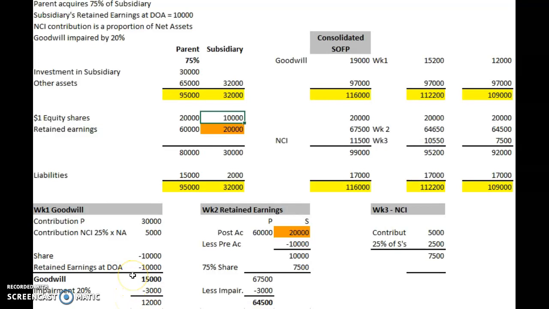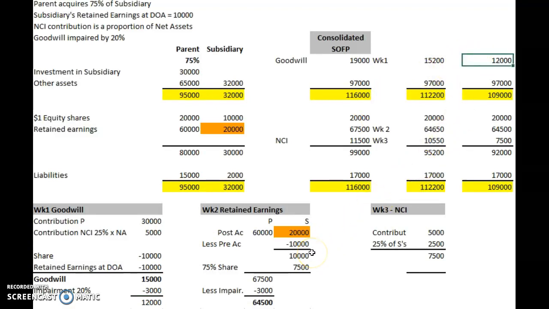So not only does it not receive the goodwill, it also doesn't receive any of the impairment. So we made the goodwill calculation, which was now different. The impairment based on that goodwill was 3,000. Gives a total goodwill of 12,000, which is brought in up here.